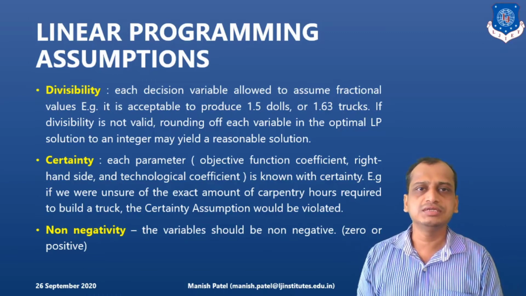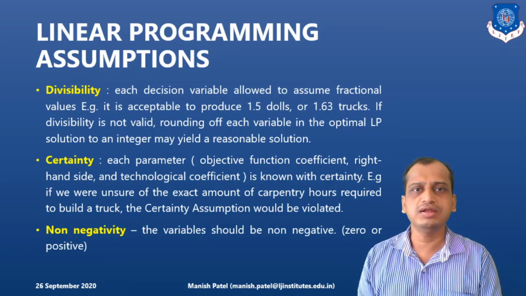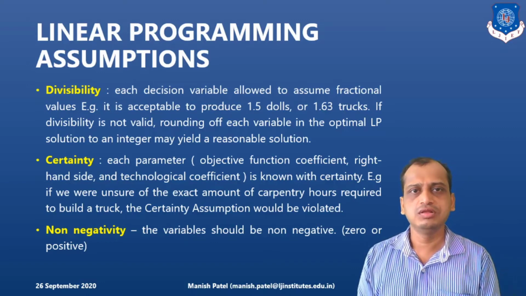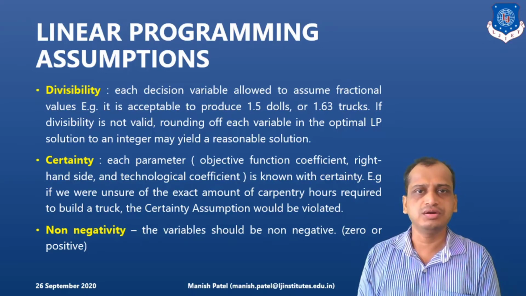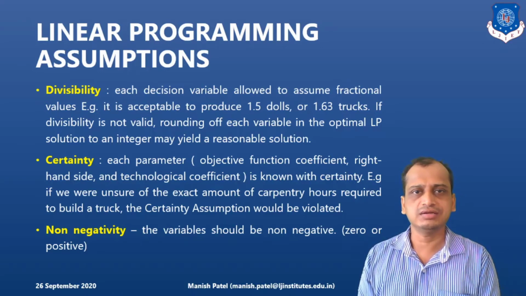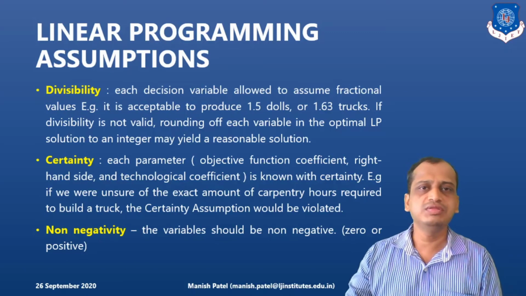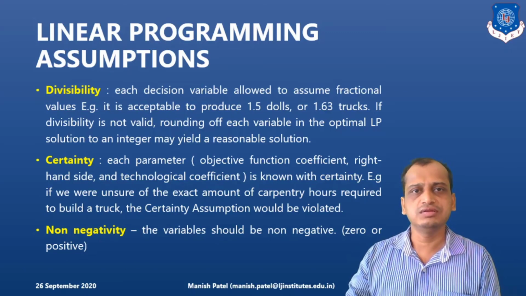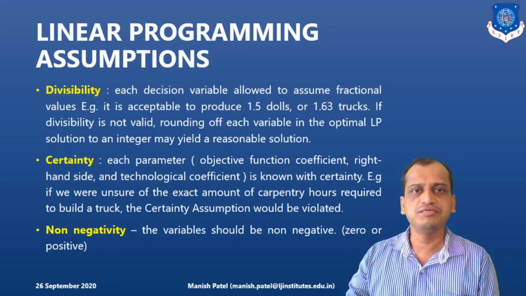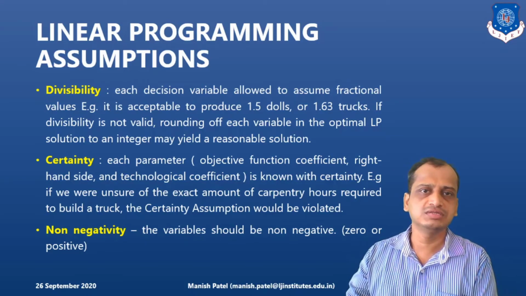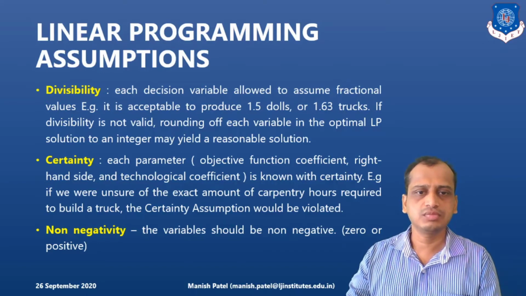Next is certainty. Certainty in the sense you know beforehand what the profit is. It does not take into consideration the dynamics of the market, right? You know beforehand that the profit available from the so and so product is exact, certain, right? Same way with the constraints as well. Let's say for example in the previous example we looked into metal and wood. We know beforehand that whatever is available with us cannot go beyond that, right?